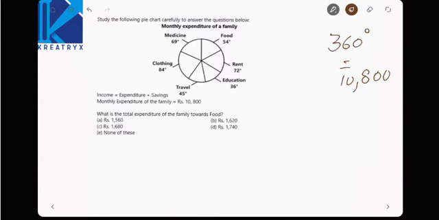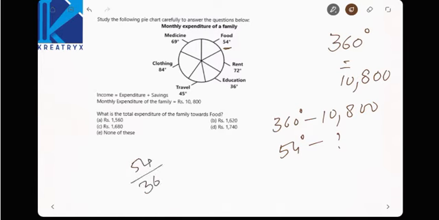Now see the first one. What is the total expenditure of the family towards food? Food is 54 degrees. If 360 degrees is equal to 10,800, what is the value of 54 degrees? Normal calculation: 54 by 360 into 10,800.